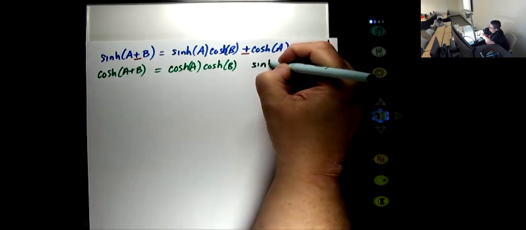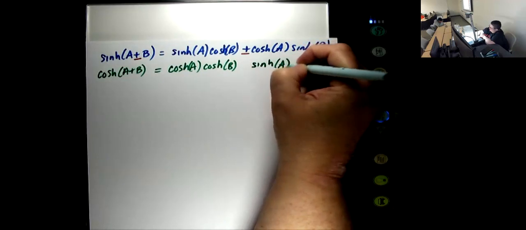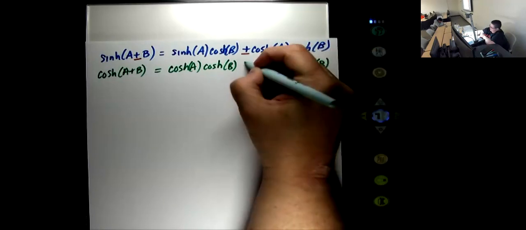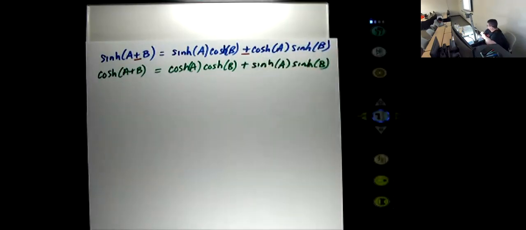It had negative sine A, sine B. This one's going to have plus sinh A, sinh B. Verify this independently. Yep.